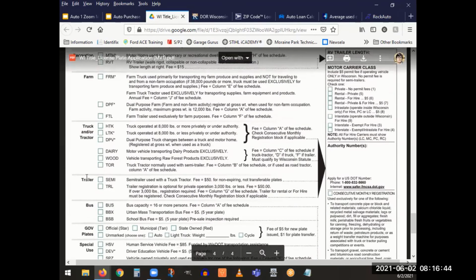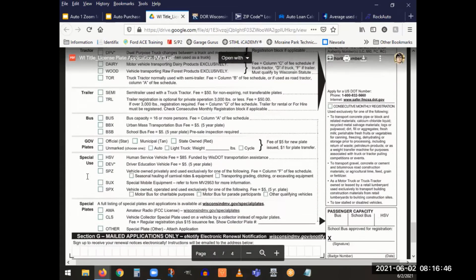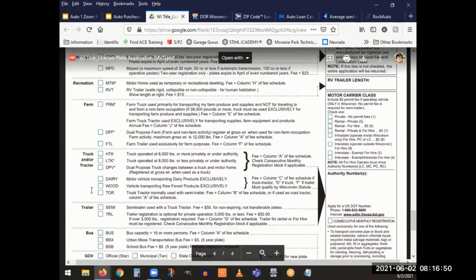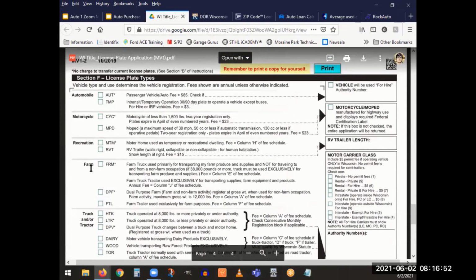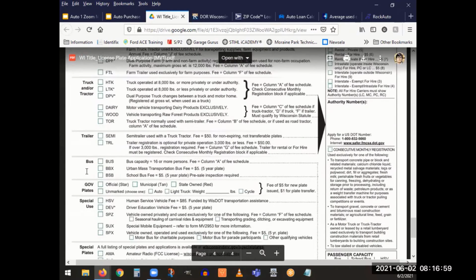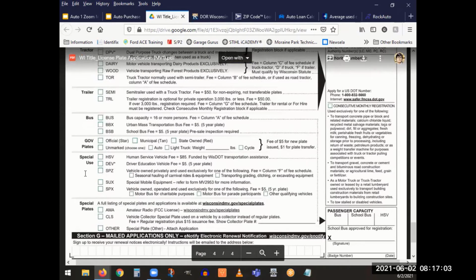For this particular exercise, I'm fairly confident that we're not going to have you purchase anything for recreation, motorcycle, farm, truck and tractor, trailer, buses, government plates, special use, or special plates.